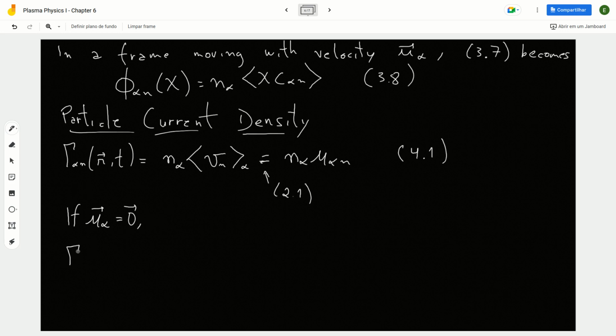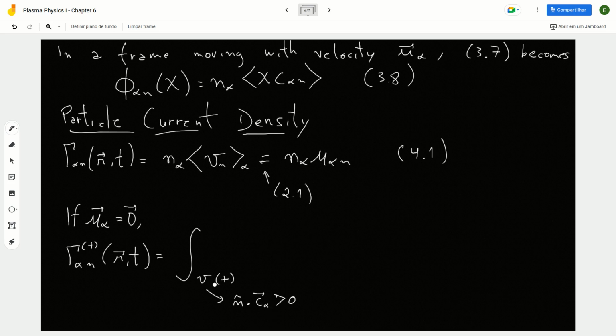Then this is a more interesting quantity to be computed. We'll integrate in V, but only considering positive V, that is, the fluctuation velocity dot product with the normal of the surface has to be larger than 0.